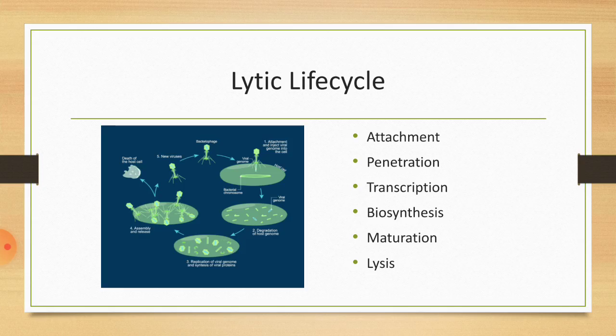For this, the contractile sheath around the tail of bacteriophage or virus helps a lot. Because of contraction and expansion movements of this tail sheath, bacteriophage gets a type of force by which the DNA material present in the head region gets injected into the bacteria or host forcefully. This is called penetration.